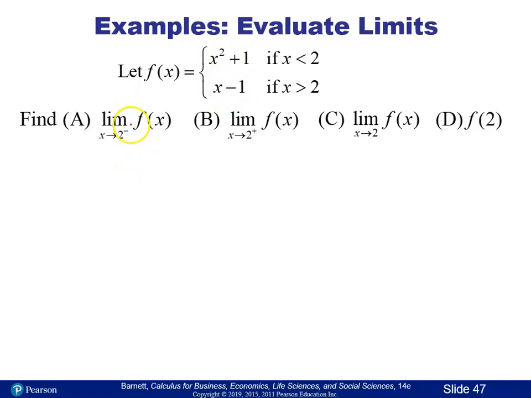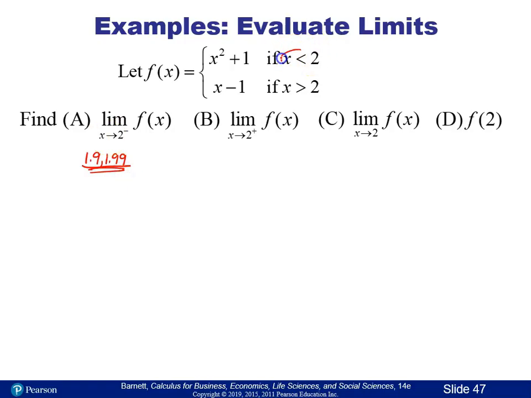Okay, so looking at this one, I'm asked to find the limit of f of x as x approaches 2 from the left. If I'm approaching 2 from the left, I'm talking about numbers like 1.9, 1.99, things like that. So I need to figure out where numbers like this fit in the domain.